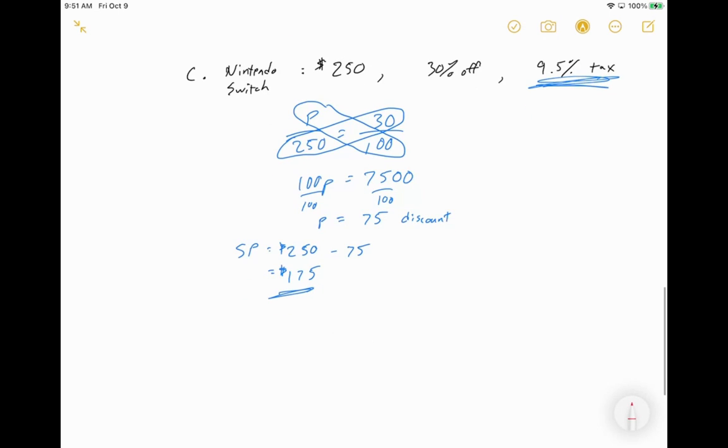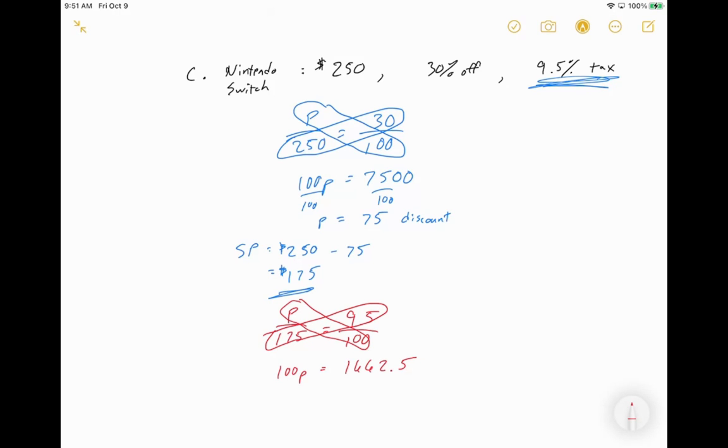So here we go. We have to say, all right, well, 9.5 over 100 is equal to P over 175. Again, where did I get 175 from? That's our new price, right? Our sales price. Here we go. 100 times P is 100P. 9.5 times 175 is 1662.5.